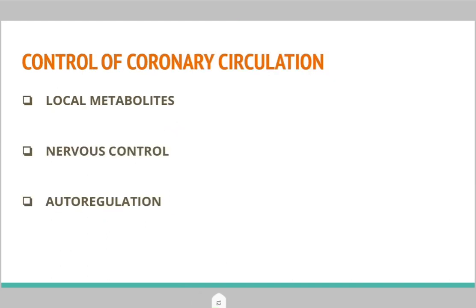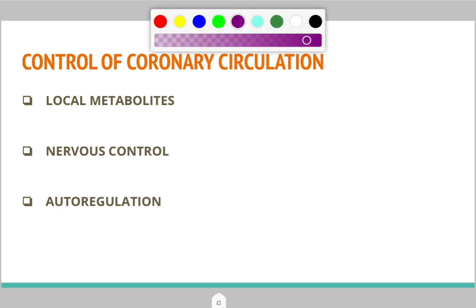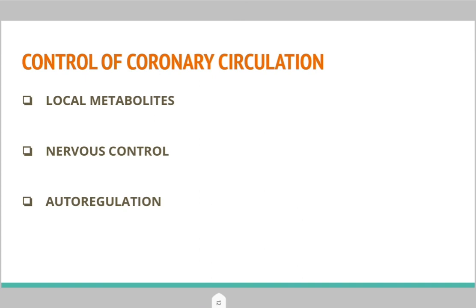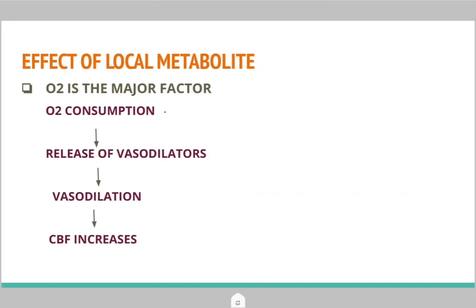Now coming to the factors controlling the coronary circulation, they are the local metabolites, nervous control, and auto-regulation. Firstly, the local metabolite. Oxygen is a major factor that regulates the coronary blood flow.